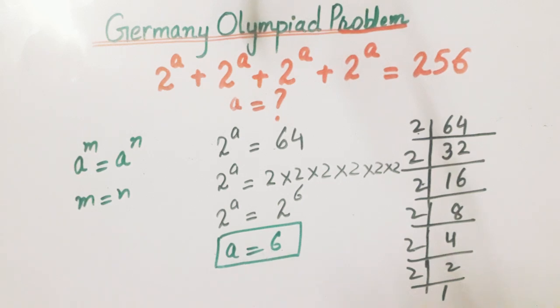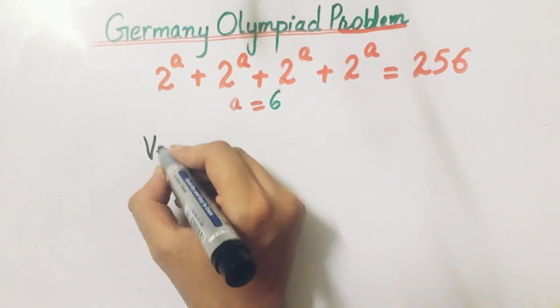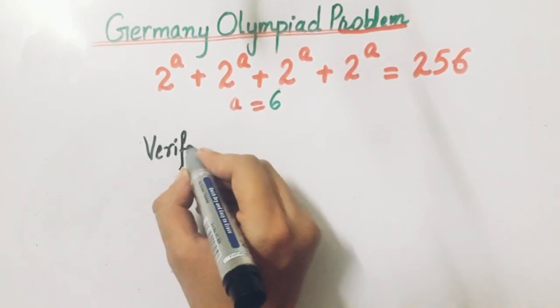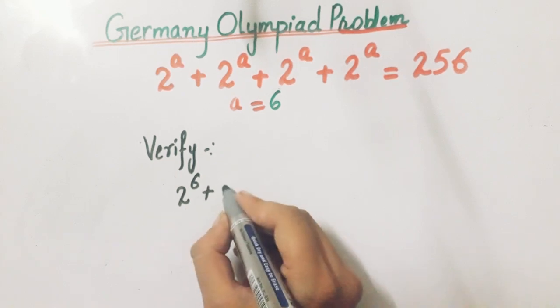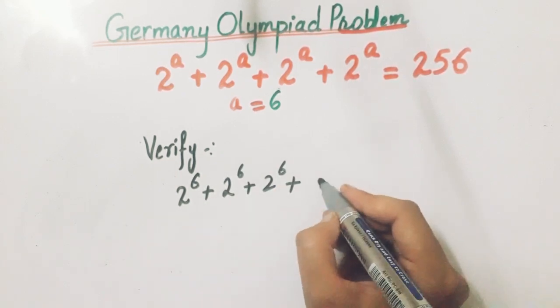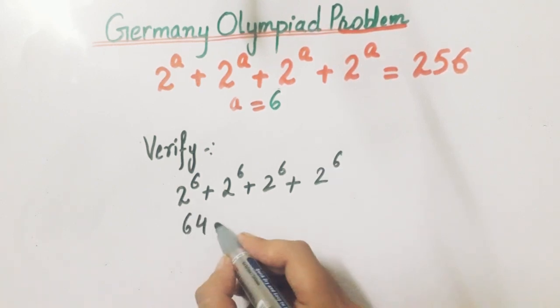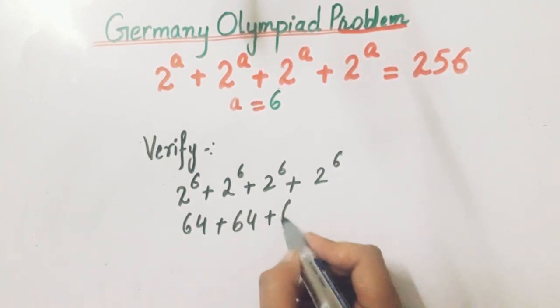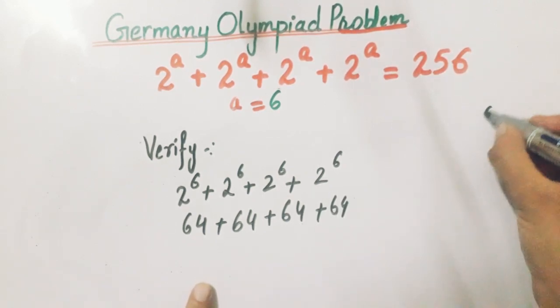Now we will verify this. To check our answer we will see whether the left hand side equals the right hand side. Then 2 raised to power a means 2 raised to power 6 plus 2 raised to power 6 plus 2 raised to power 6 plus 2 raised to power 6, that is 64. So we will add 64 4 times and let's see the answer.